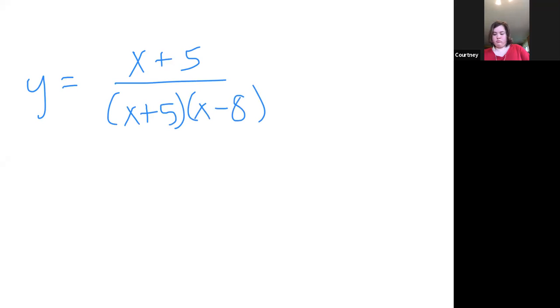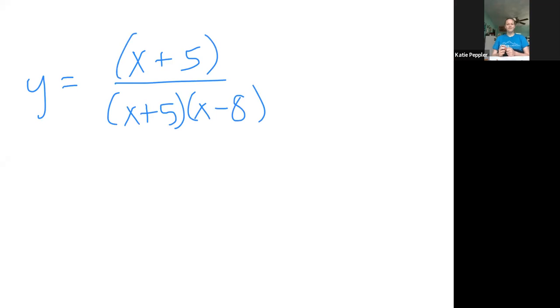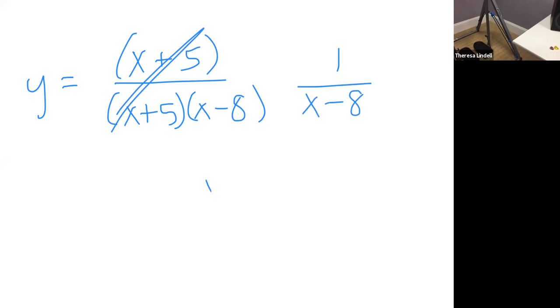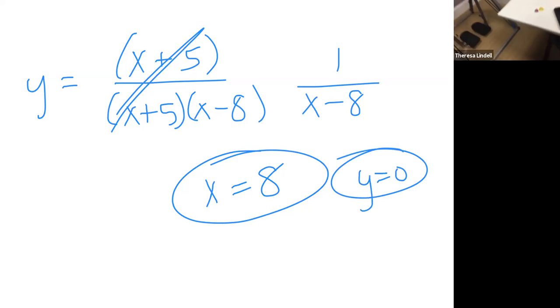So what can happen to these x plus 5s? They cancel. Yeah, so that's why there's only one asymptote on the graph. So your final answer, you can just cross off the 5. The final answer is just x equals 8. And you could still have the y equals 0. But anyway, now you guys have that one answered. That was crazy.